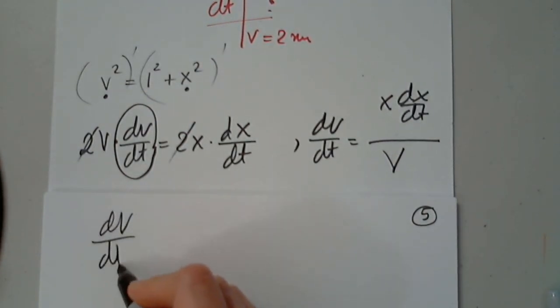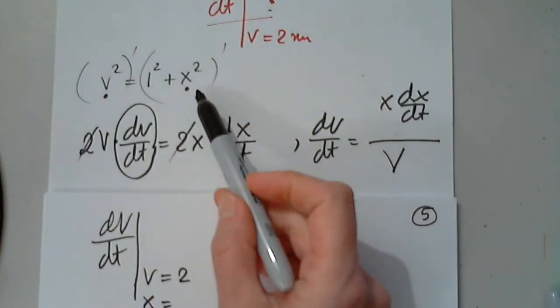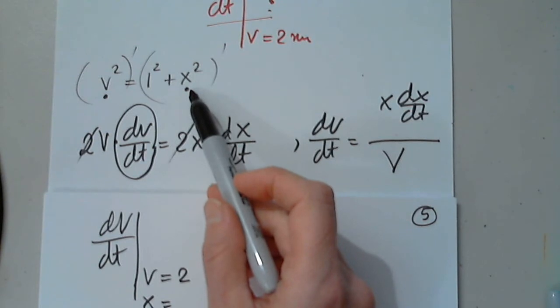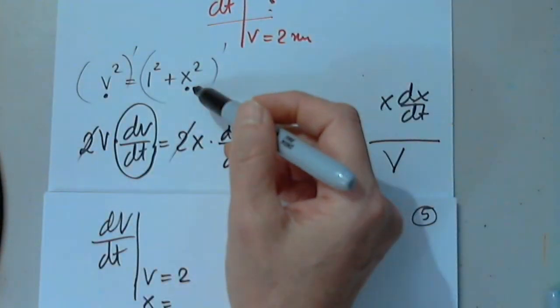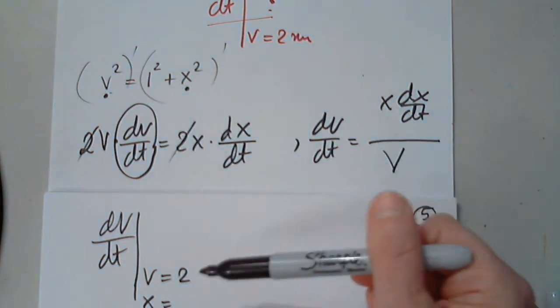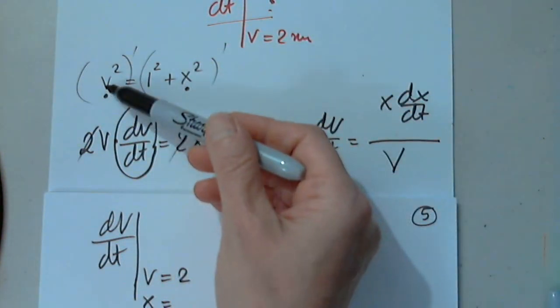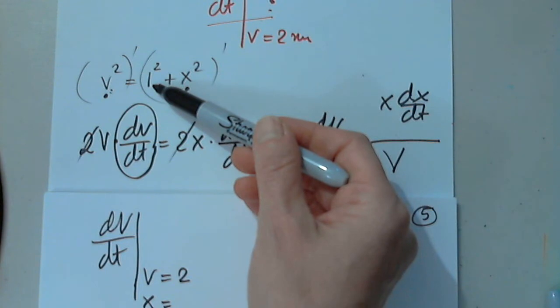So dv over dt when v equals 2 and when x, can I determine x from here? If v is 2, then I have 4 minus 1, which is 3.